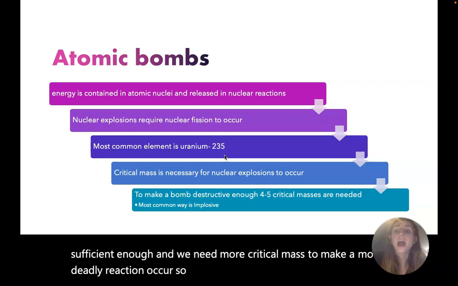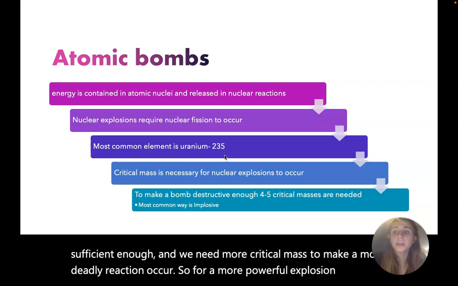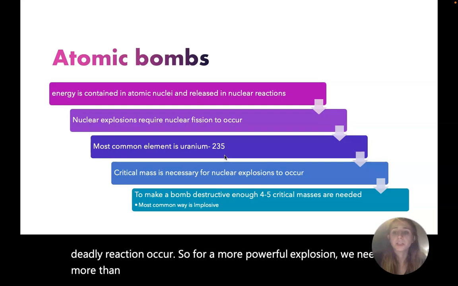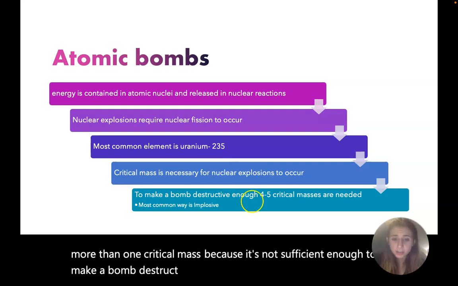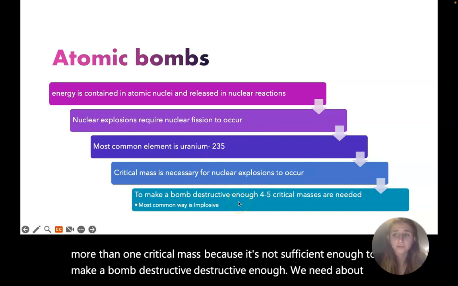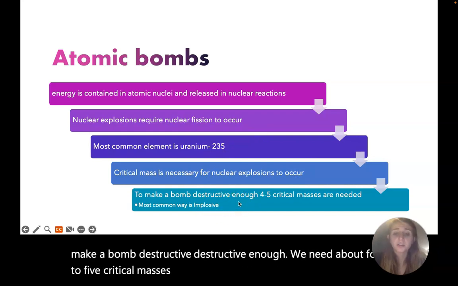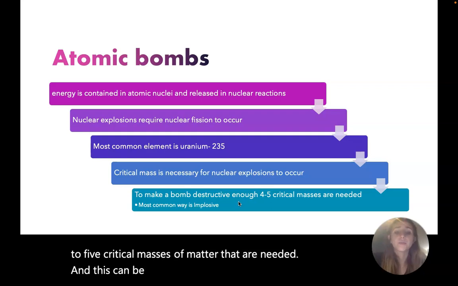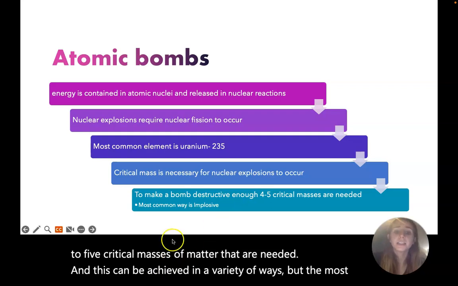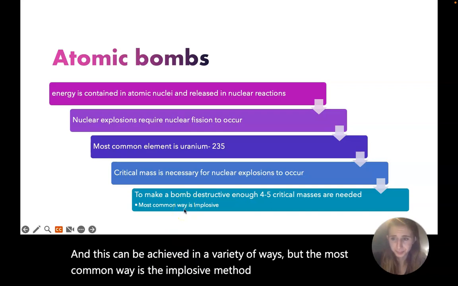So for a more powerful explosion, we need more than one critical mass because one is not sufficient. To make a bomb destructive enough, we need about 4 to 5 critical masses of matter. This can be achieved in a variety of ways, but the most common way is the implosive method.